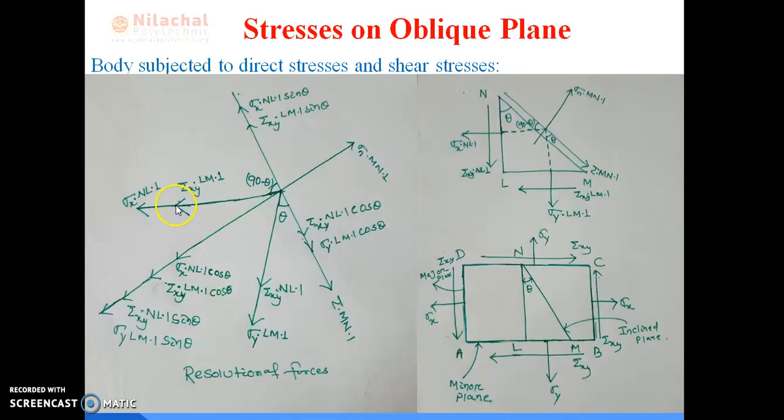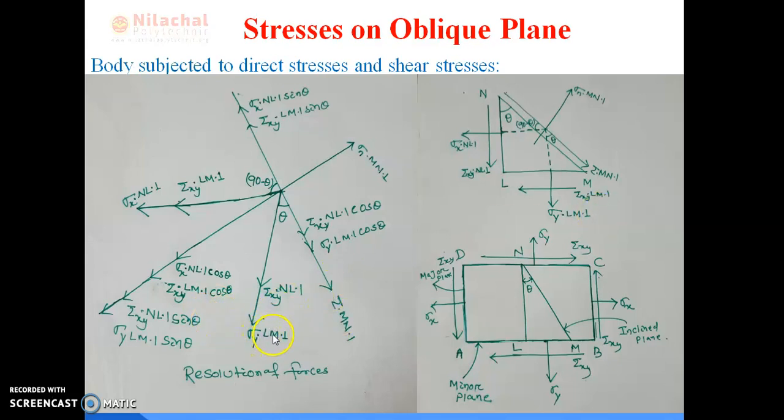For the horizontal direction, sigma x NL into 1 cos of 90 minus theta, that is sin theta. Tau xy NL into 1 cos of 90 minus theta, that is sin theta. Again, sigma x NL into 1 and tau xy NL into 1 resolved along the normal direction give sigma x NL sin of 90 minus theta, that is cos theta, and tau xy NL into 1 sin of 90 minus theta, that is cos theta.